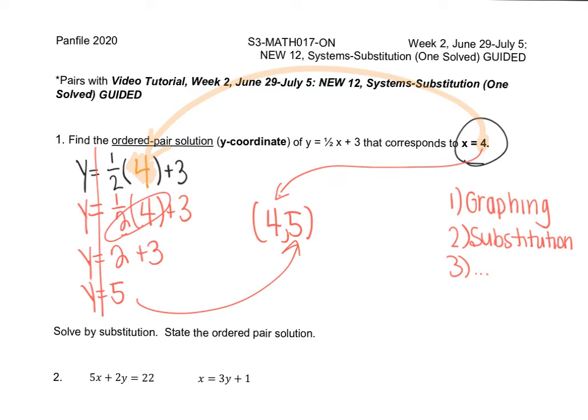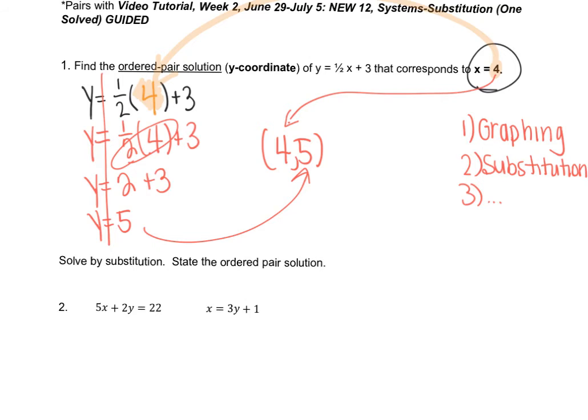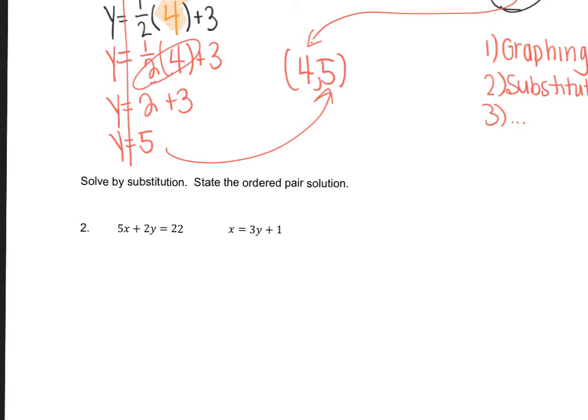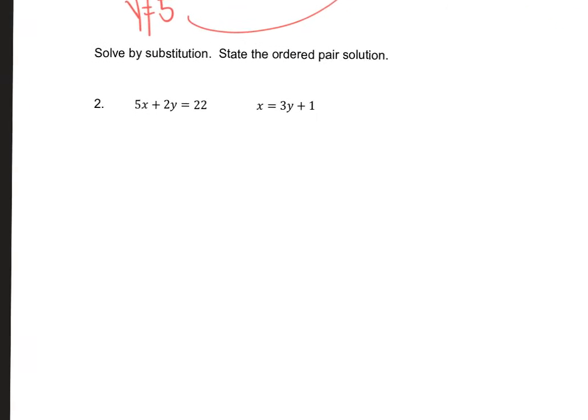Now I'm telling you for systems, for the substitution method, you don't only have to solve for y, you just have to have something solved for a variable, meaning you have to have x alone or you have to have y alone. And since you have two equations, it only has to happen in one of your equations. So we look at number 2, and this is not solved for the variable. This is solved for the variable. I want to say, I'm sorry, there's only, it's solved for the x, right?